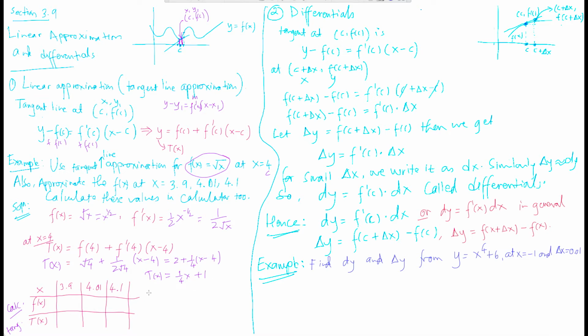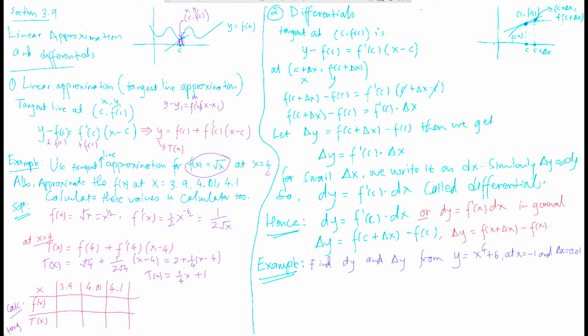Now let's plug in these values of x, 3.9, 4.01, 4.1, at f(x). For f(x), you use a calculator. And for T(x), you can use a calculator, but you need to use this equation to find T(x). You will see that those two values are almost the same. Why?